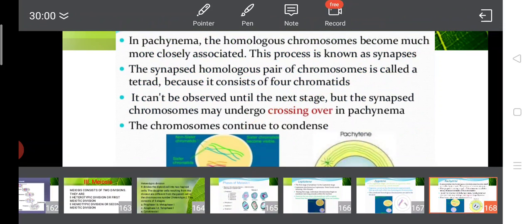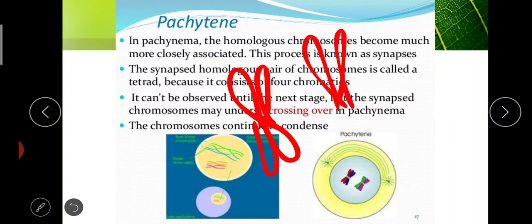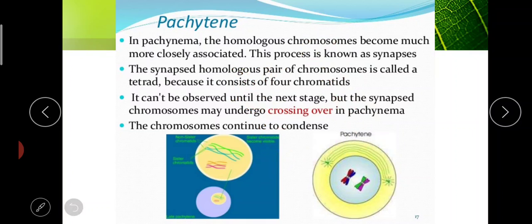This is how they got paired: 1, 2, 3, 4. So we see 4 chromatids here. Each bivalent now consists of 4 chromatids.